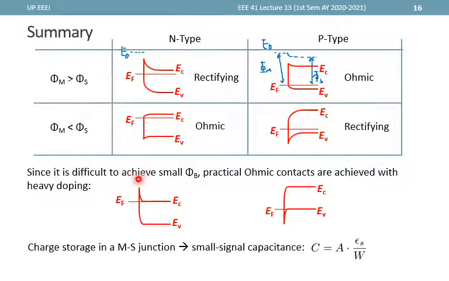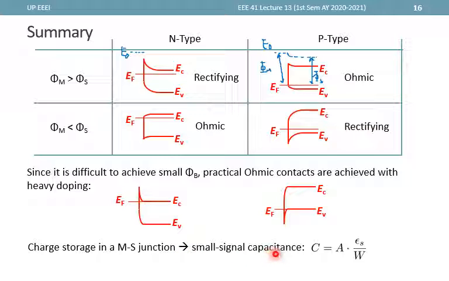Since it is difficult to achieve a small barrier height, practical ohmic contacts are achieved by using heavy doping on the semiconductor side to make the depletion width very thin for carriers to be able to tunnel from one side to another easily.